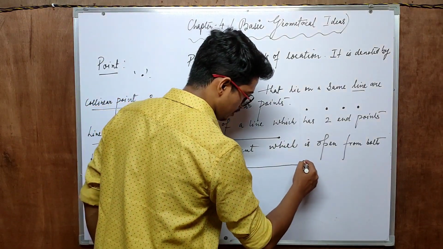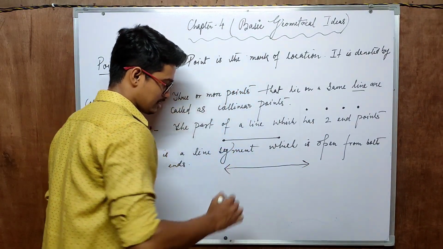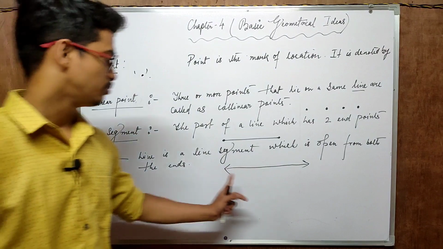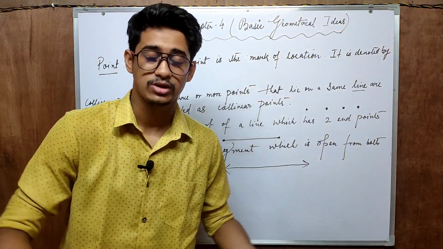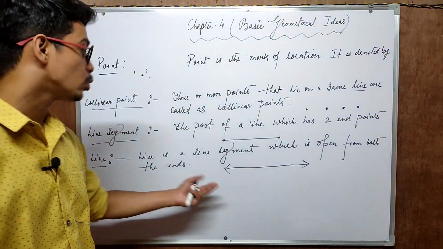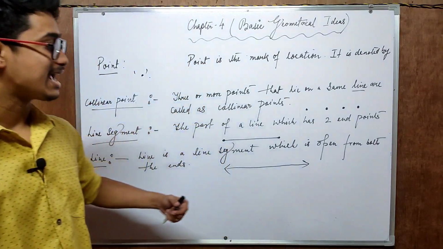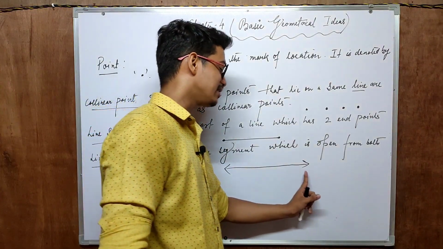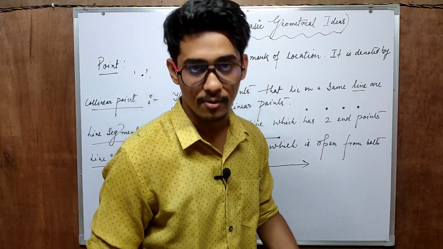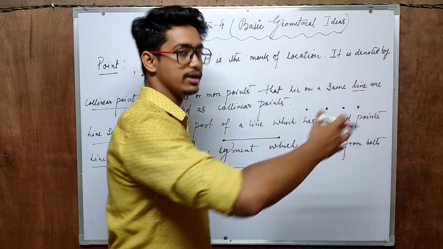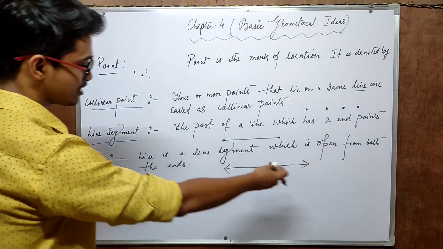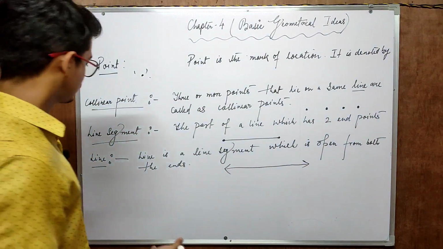We give two arrows to both the ends, because there is no end basically. The arrows signify that the line does not stop. It keeps moving towards the right-hand side as well as towards the left. That is the definition of a line.